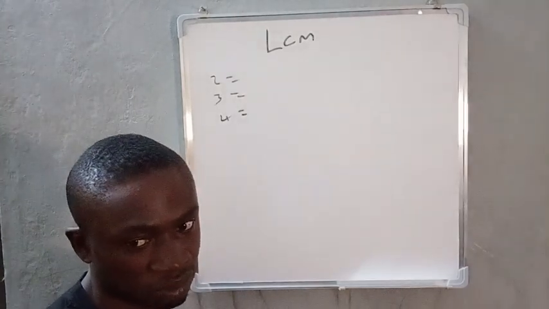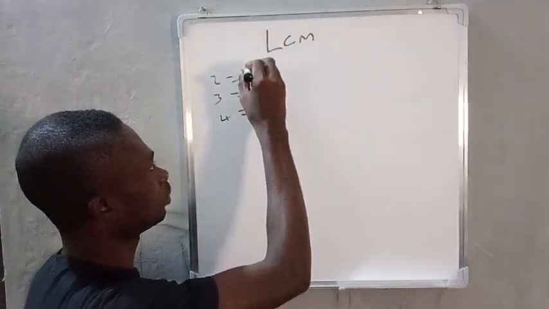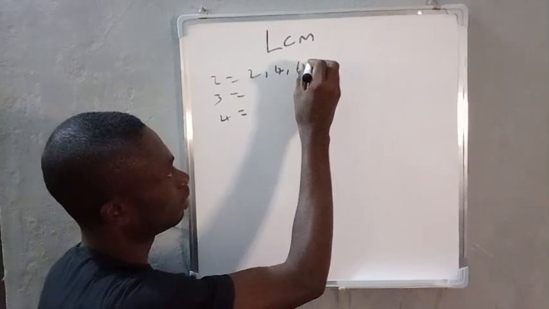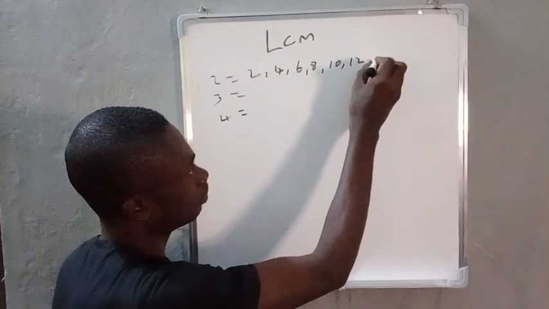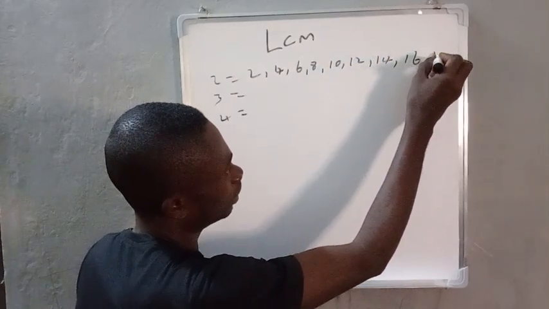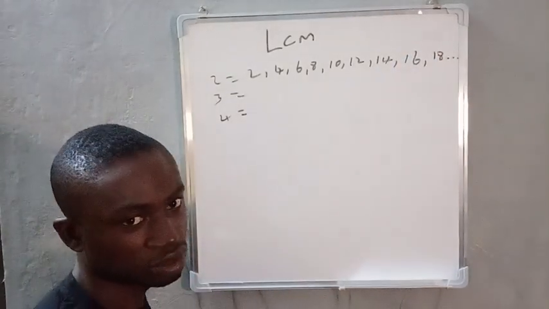That is the meaning of multiple. So the multiples of 2 are 2, 4, 6, 8, 10, 12, 14, 16, 18, and so on. Those are called multiples.